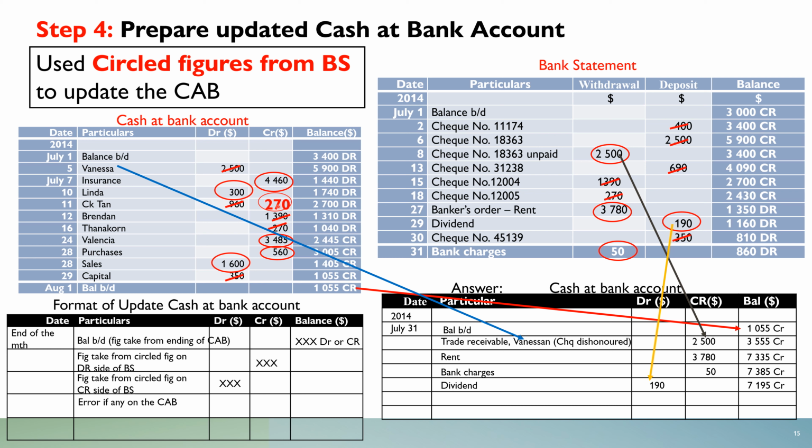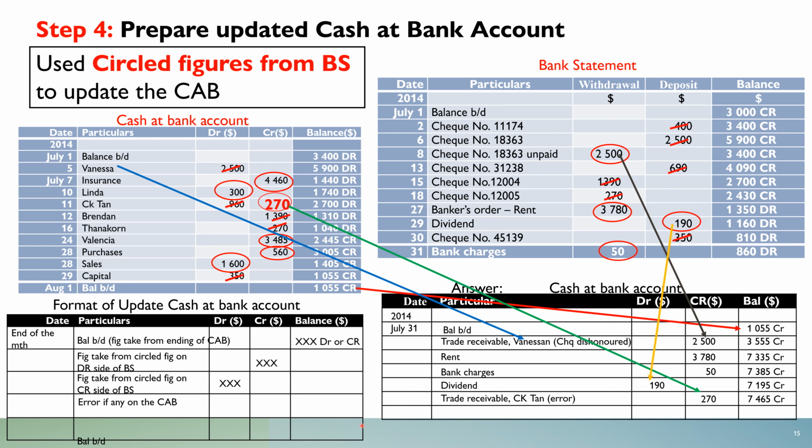So I'm going to drop this 270 onto the credit side of the cash at bank account, and then record CK Tan. Basically, this is a trade receivable because this 960 was recorded on the deposit side. The customer actually paid us, so it's a trade receivable. CK Tan, then I bracket error.